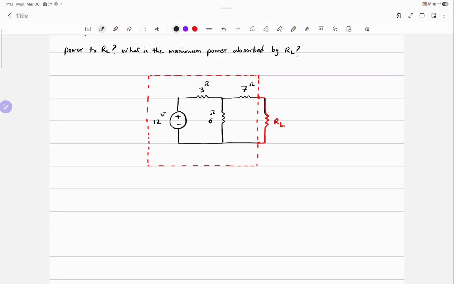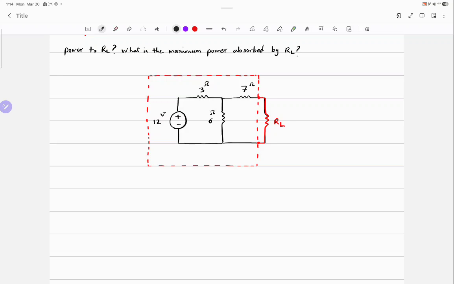RL and 7 are in series, and that's in parallel with 6, and then that's in series with 3. Oh, I got what you mean. That's nice because I've never done that before. No, because there's an easier way of doing it. But that was nice. Sometimes I prefer the harder way.